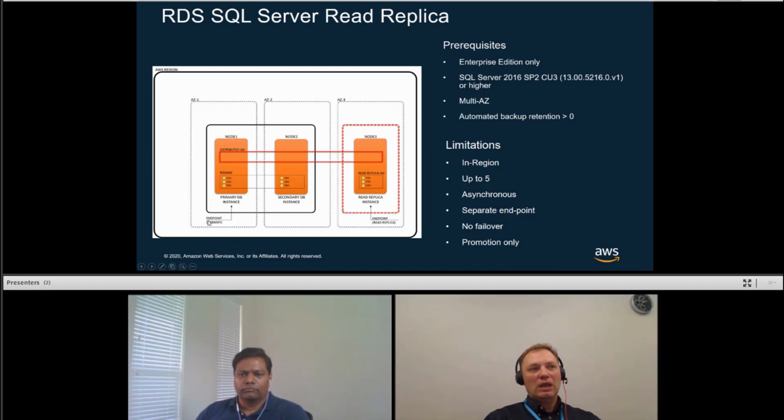If you connect to the primary and specify application intent read-only, don't expect that traffic to go to your read replica. In order to take advantage of the read replica, you have to be connected via this separate replica endpoint. And there is no failover, but there is a promotion. There is a promotion process that's available with the read replica.